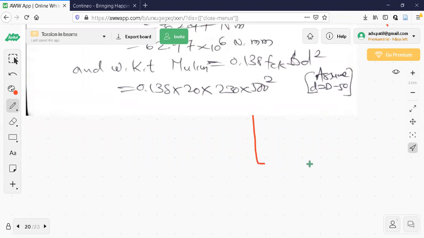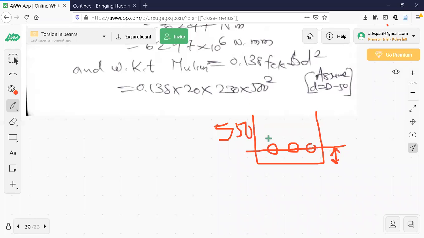If it is not given, the examiner has to give marks for whatever the student assumes. Observe this. Let us say this distance, if it is not given, or total is given 550, they are telling capital D. In that 550, you must get a small d now.